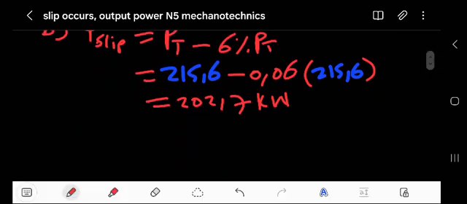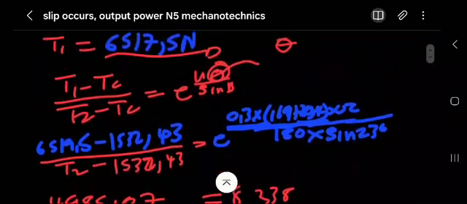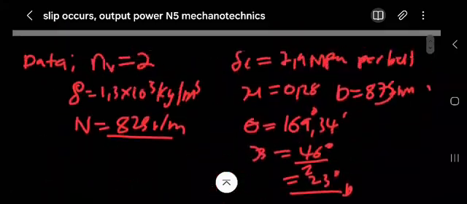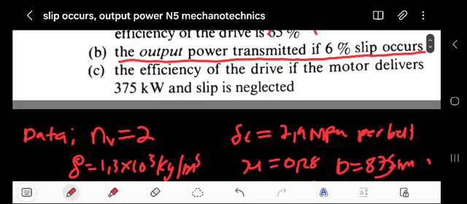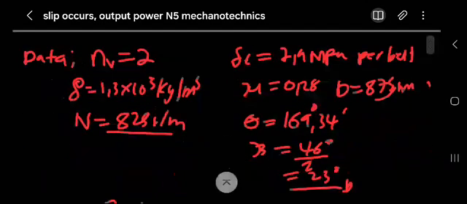So yeah, then what about C? Calculate the efficiency. We want the efficiency now. We were given the one, but now we want the efficiency. Calculate the efficiency of the drive if the motor delivers that power and the slip is neglected.